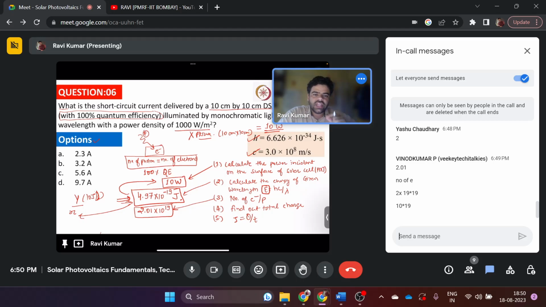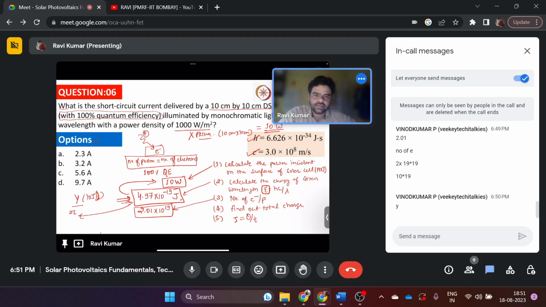Now, if we know the number of electrons, can we calculate the total charge? Yes. Then please do so.